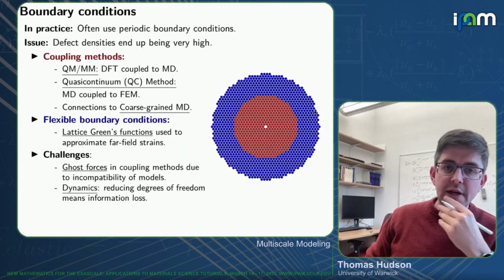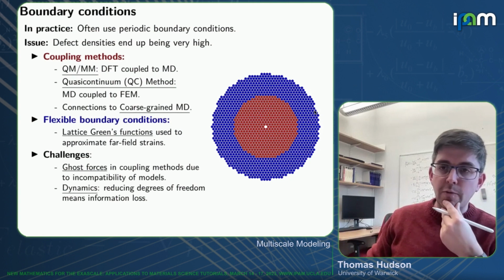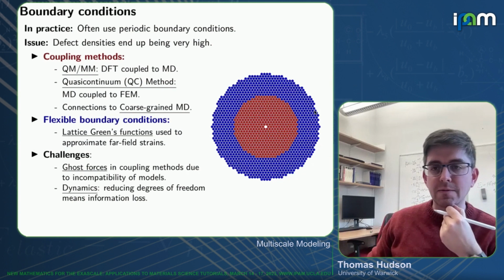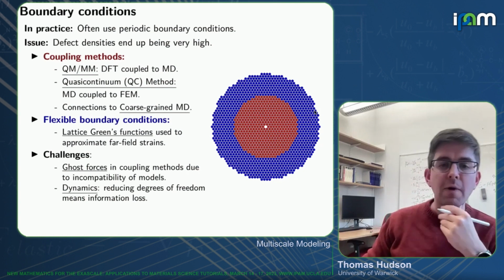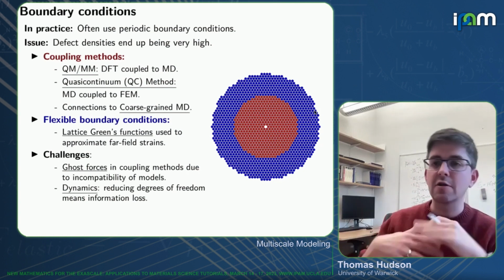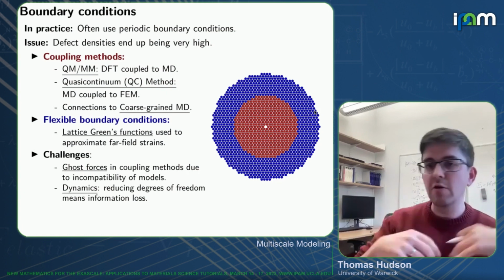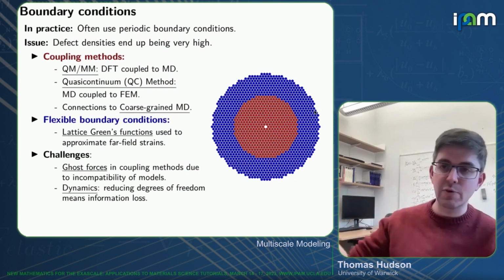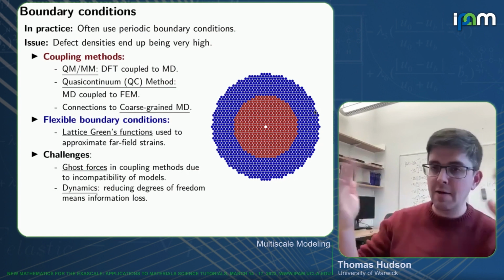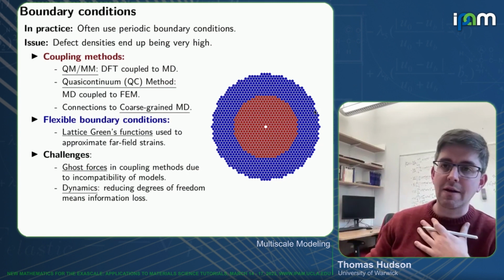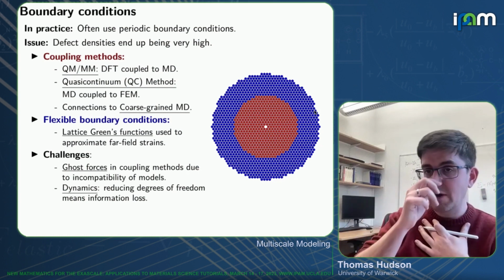Another approach that you can take is to use flexible boundary conditions, where people like Dallas Trinkle and his co-workers use lattice Green's functions to predict the far field. So you use linear lattice elasticity to predict what's going on in the far field, and you enrich the boundary conditions by allowing degrees of freedom that you can incorporate using that, to approximate far field strains.